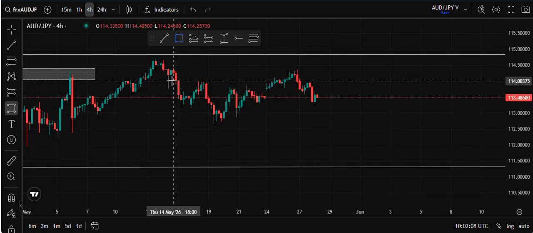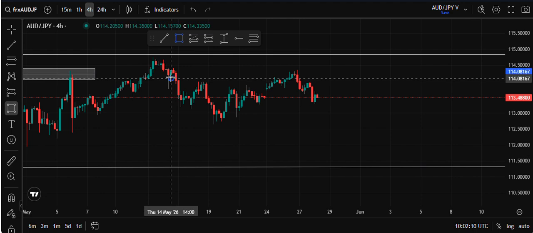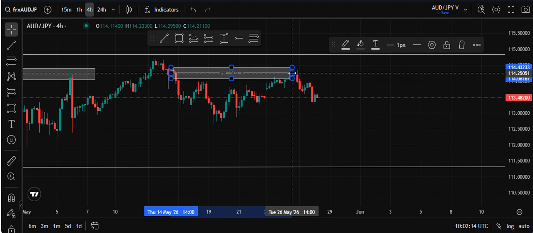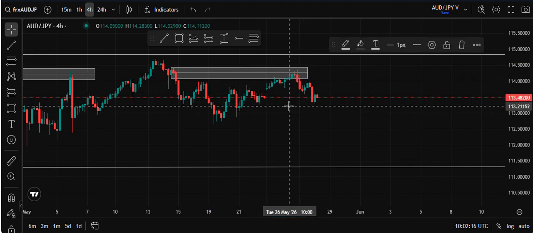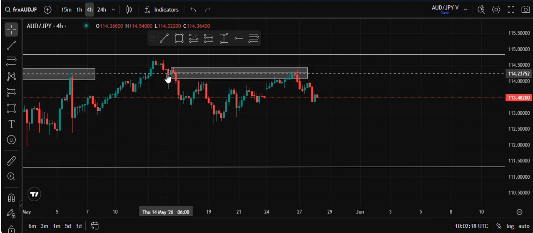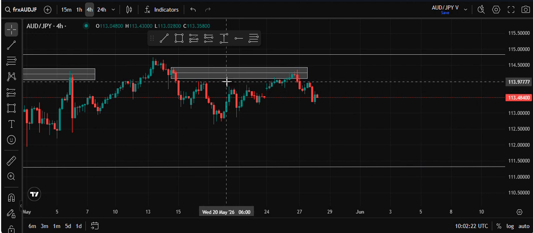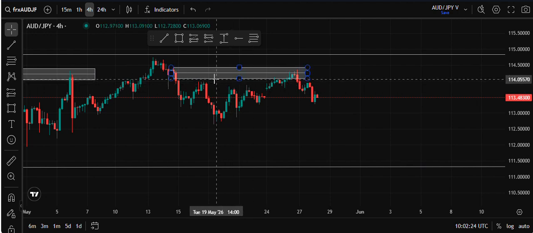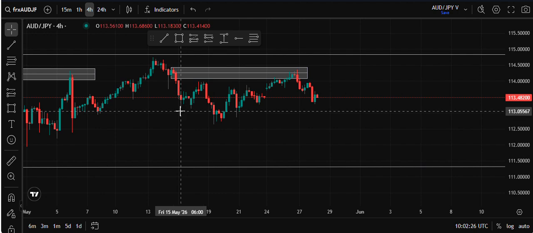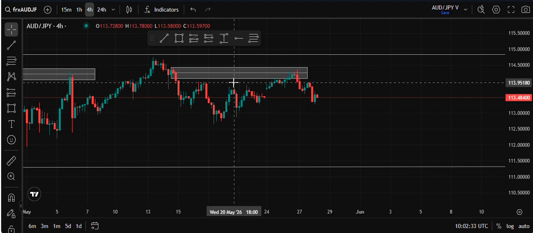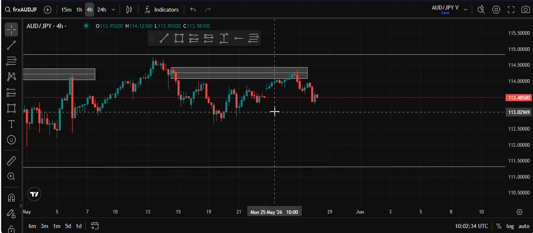So this is the one we're using. We got one, two, three. Came here, we had liquidity, somewhat equal highs, and then we had the BOS shift here, a nice slight shift.